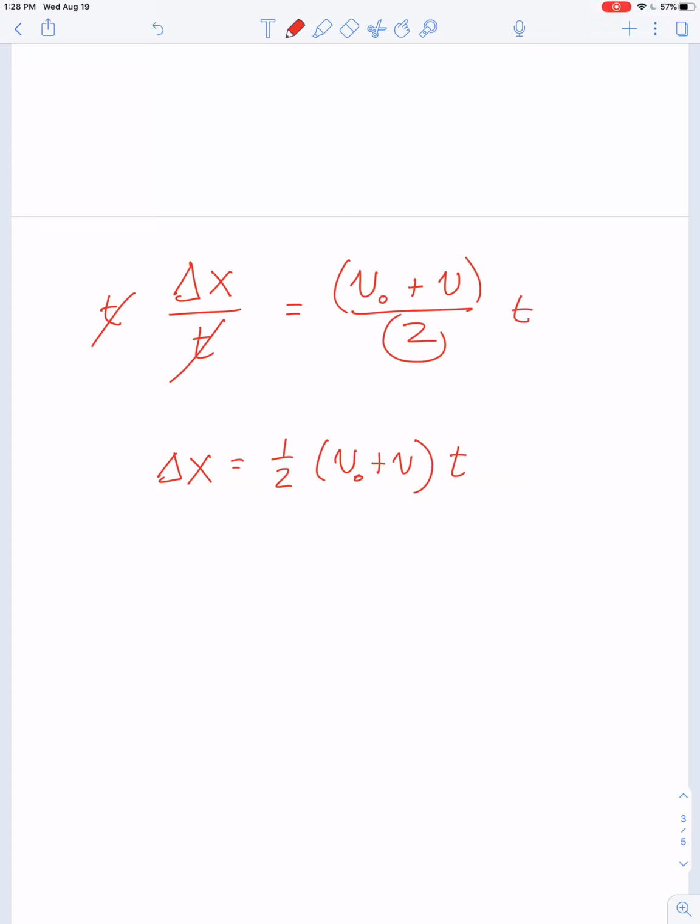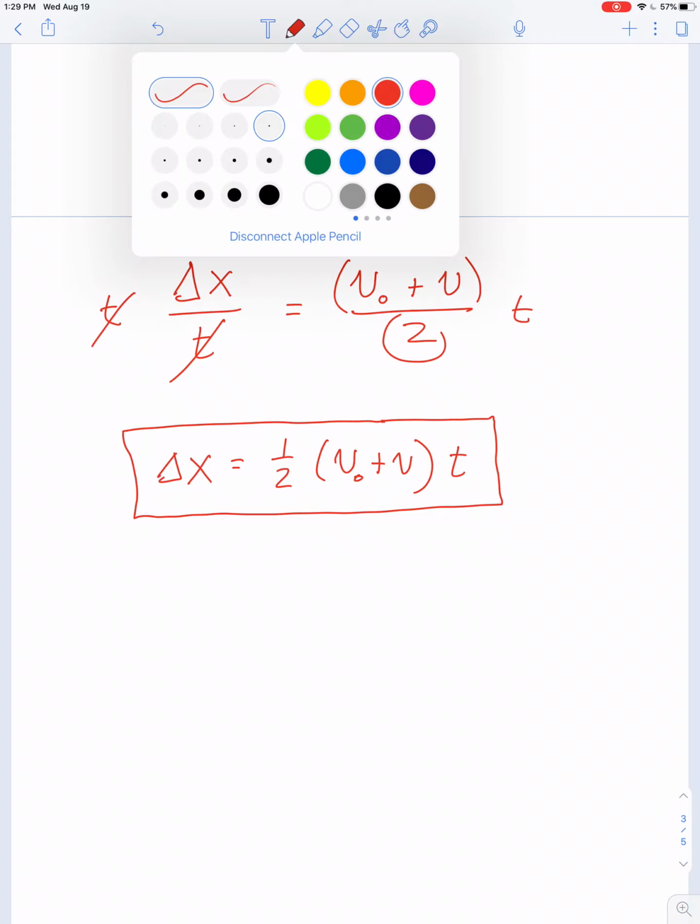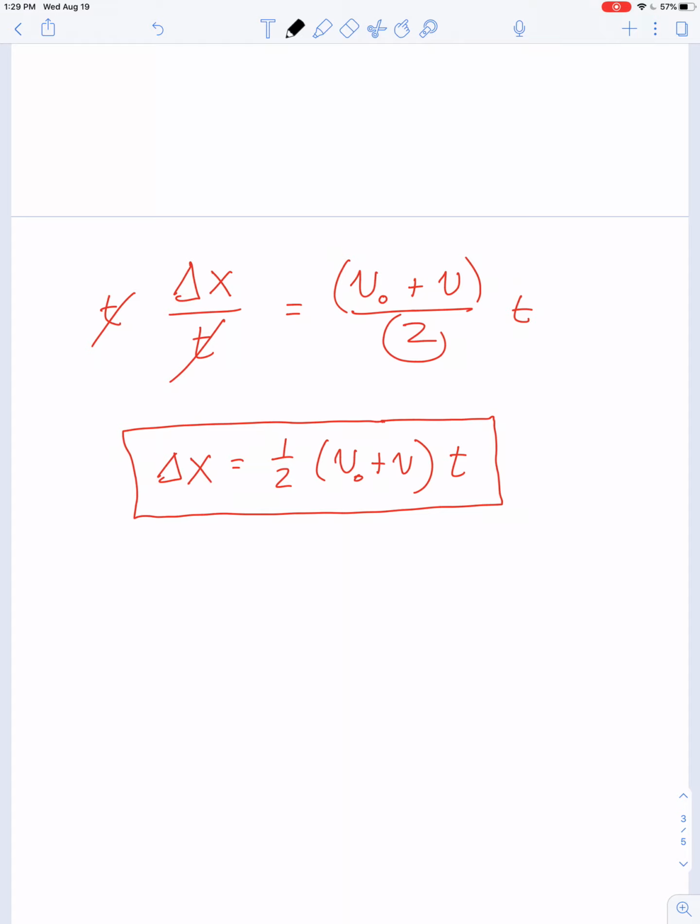Now at this point, this should be familiar. I've referenced this a few times already this semester. This is one of the 4 kinematics equations that we're going to apply when we get to the point of problem solving, which is coming up here shortly. So there it is. There's one of our 4 kinematics equations. Now I challenge you to see if you remember any of the others, because they've been stated a couple times now. You might know this other one says final velocity is initial velocity plus acceleration times time.